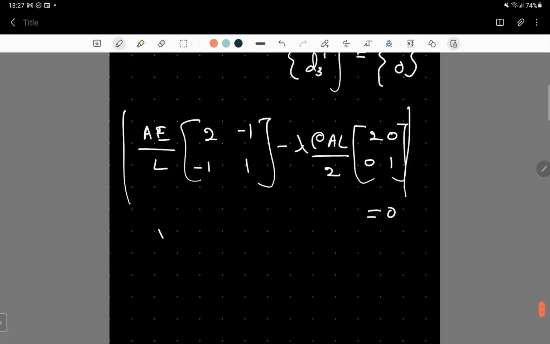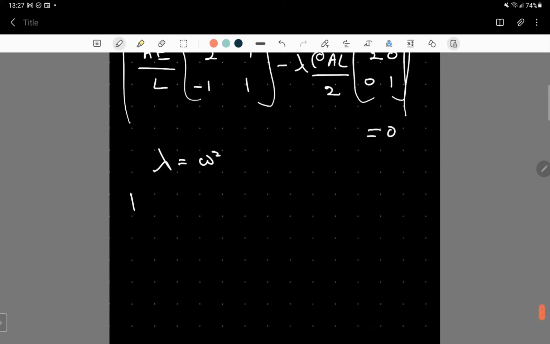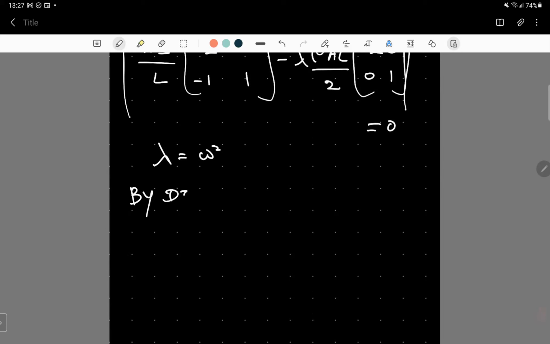So here lambda corresponds to omega squared.